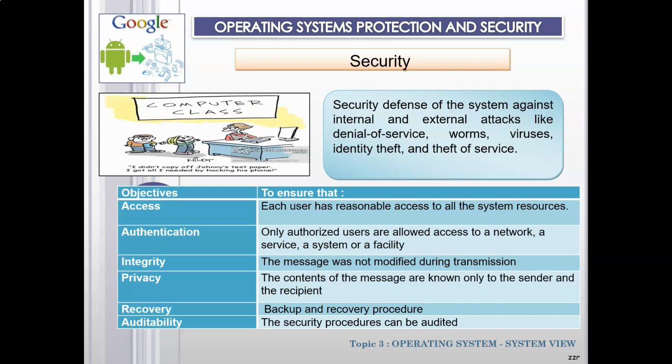There are a few objectives that need to be covered in this section. The first one is access. Access is to ensure that each user has reasonable access to all the system resources. It means that in an operating system, there are a few types of user, for example, normal user or administrator.